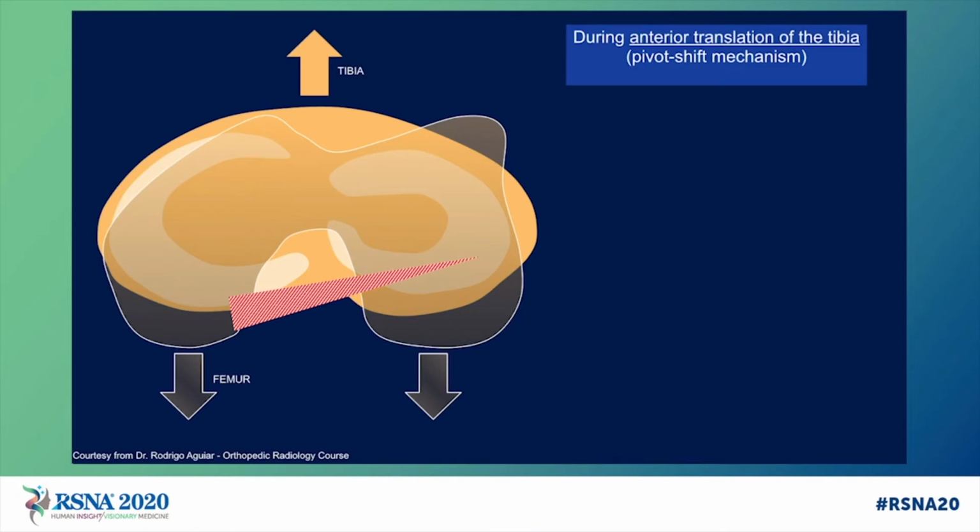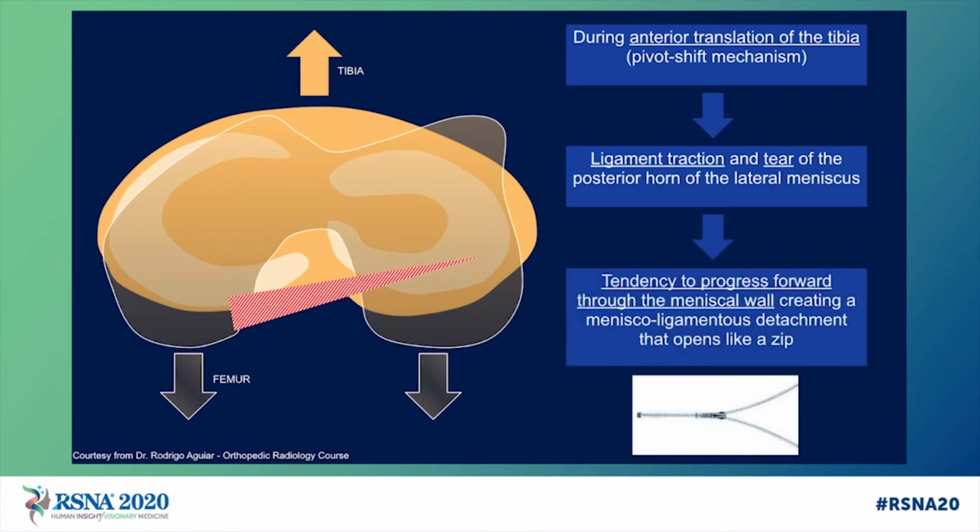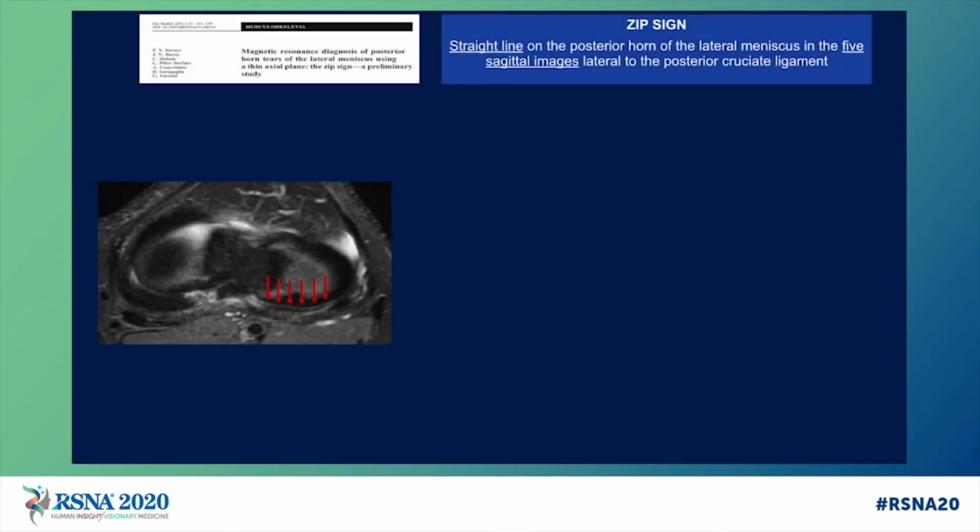We can see that during anterior translation of the tibia, we will have this ligament traction and tear of the posterior horn of the lateral meniscus, with a tendency to progress forward through the meniscal horn, creating this menisco-ligamentous detachment that opens like a zip, and that we call the zip sign.